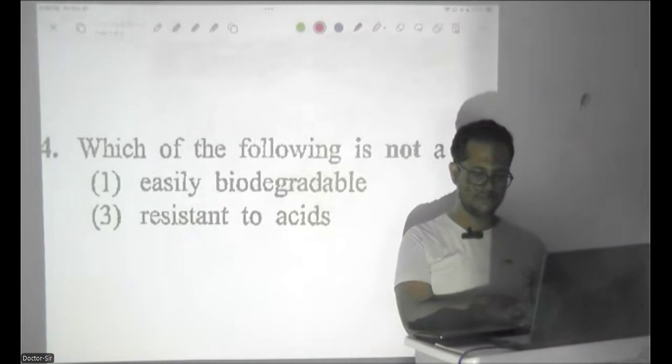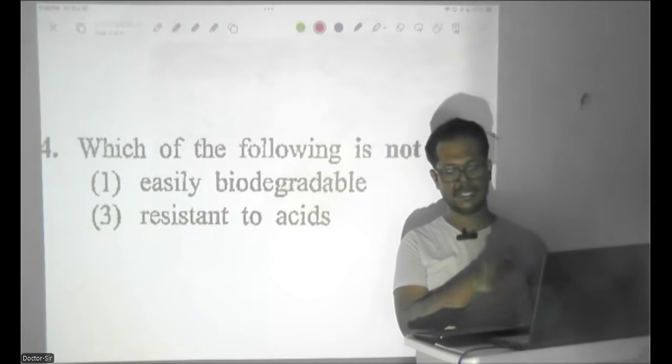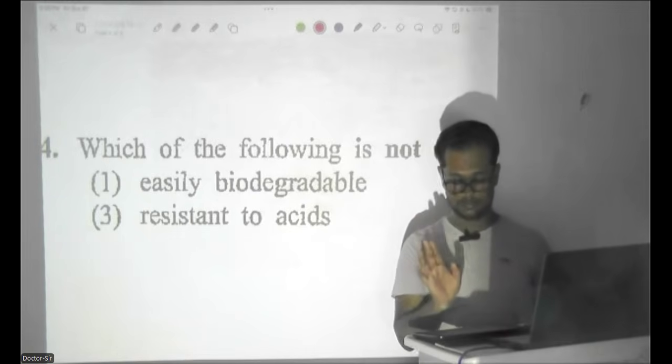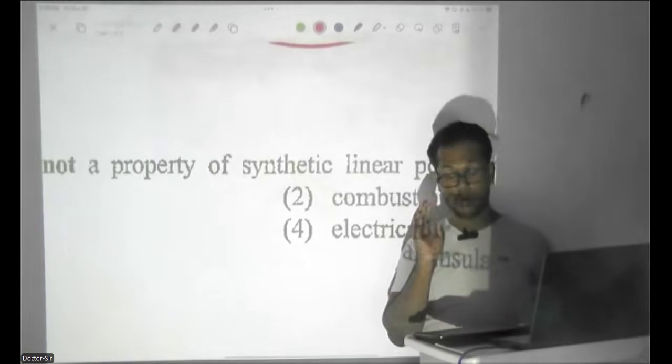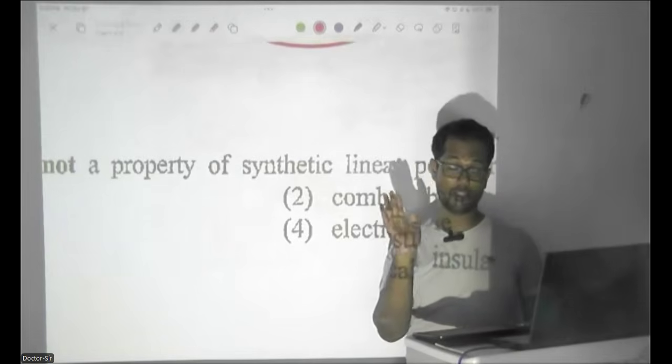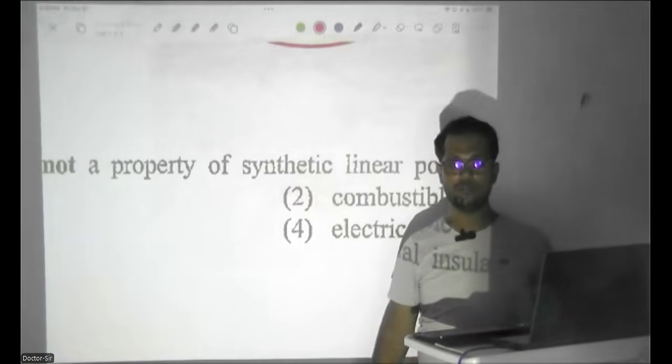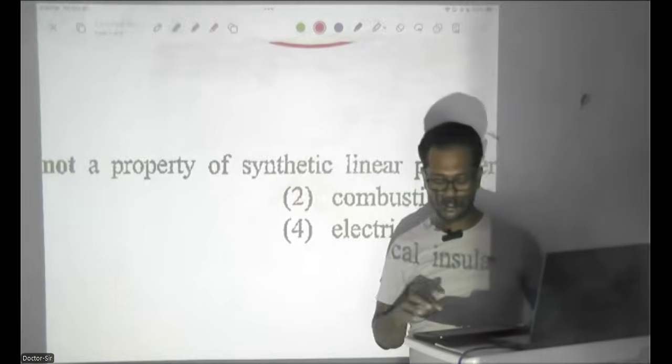Is that easy? Usually these synthetic things, especially polymers, have a very large number of units collecting together to form the polymer.